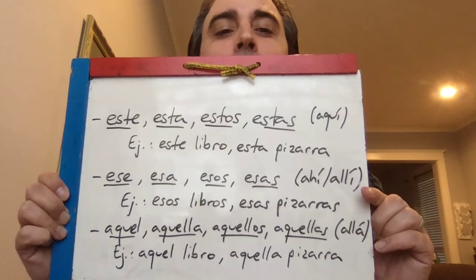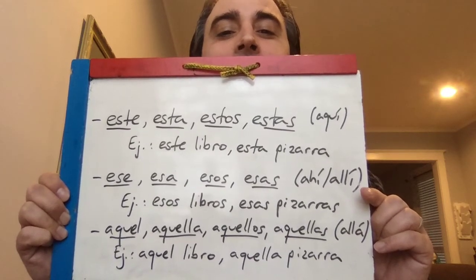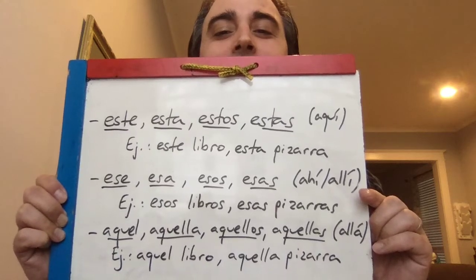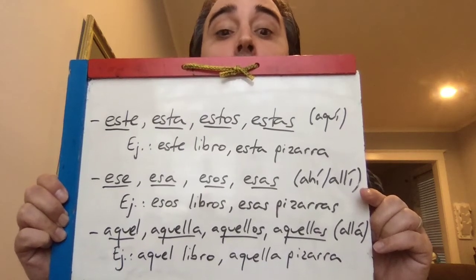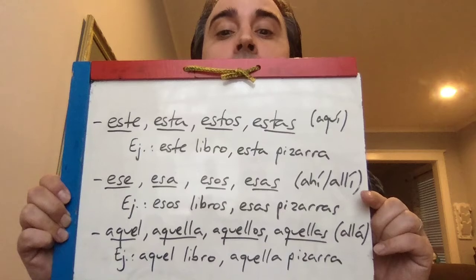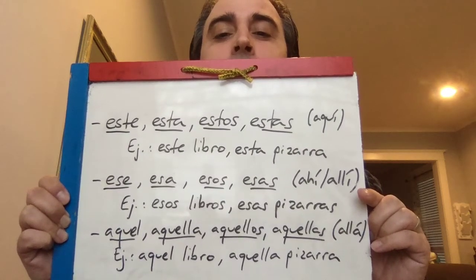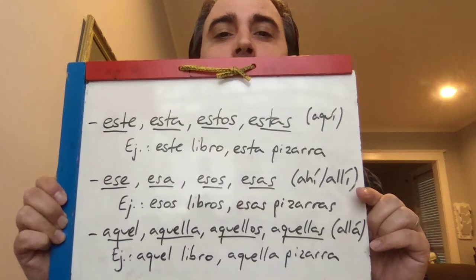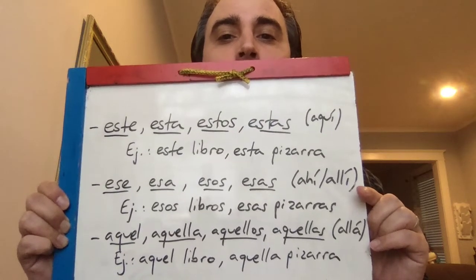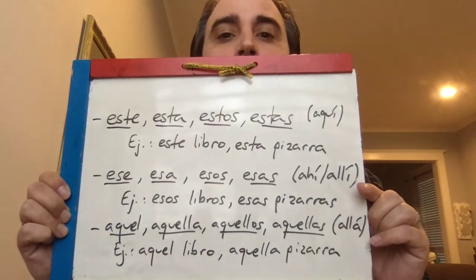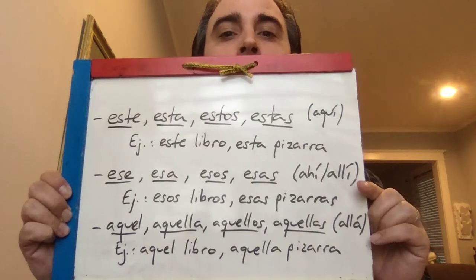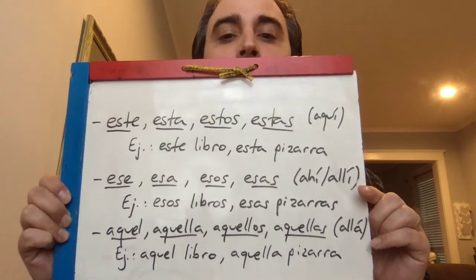Por ejemplo, aquel libro, aquella pizarra, o aquellos libros, aquellas pizarras. These talk about or point out things or people that are really far away from the speaker.